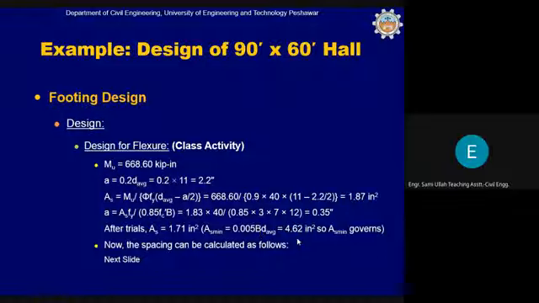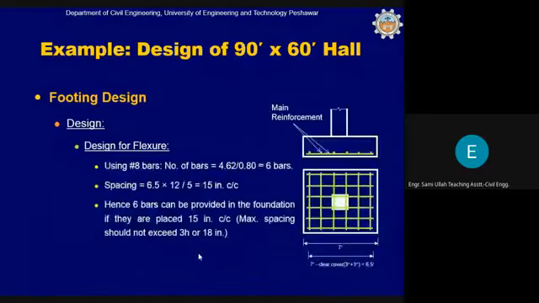The remaining space is 6.5 feet, divided by 5 spacings: 1, 2, 3, 4, 5 spacings. So the distance is 15 inches center to center. Six bars can be provided in the foundation if they are placed at 15 center to center. Maximum spacing should not exceed 3 times the thickness or 18 inch. Drafting should look like this.